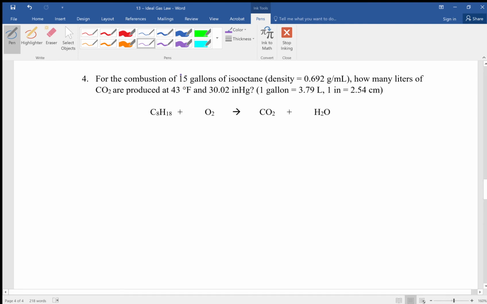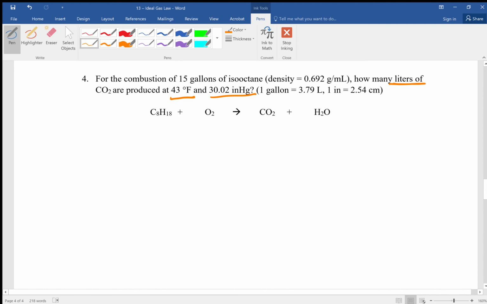So we know the pressure, although it's in an odd unit. We know the temperature, although we're going to have to convert that. And we're looking for a volume. So ultimately we're going to need number of moles.